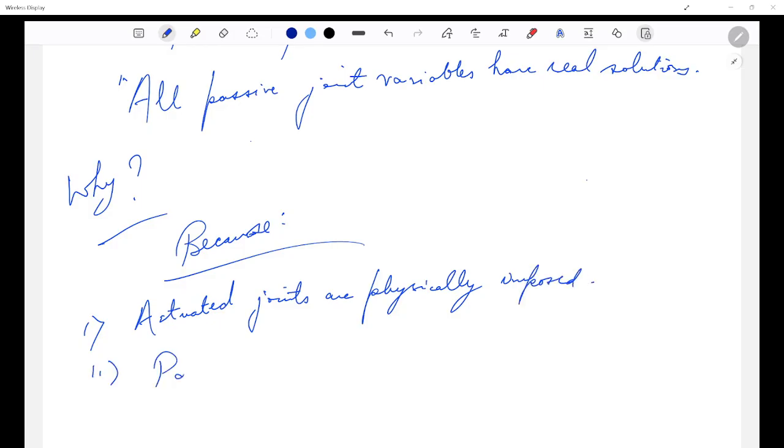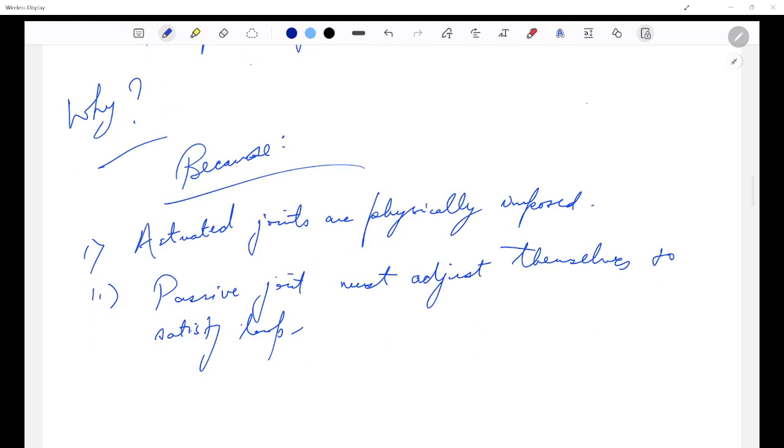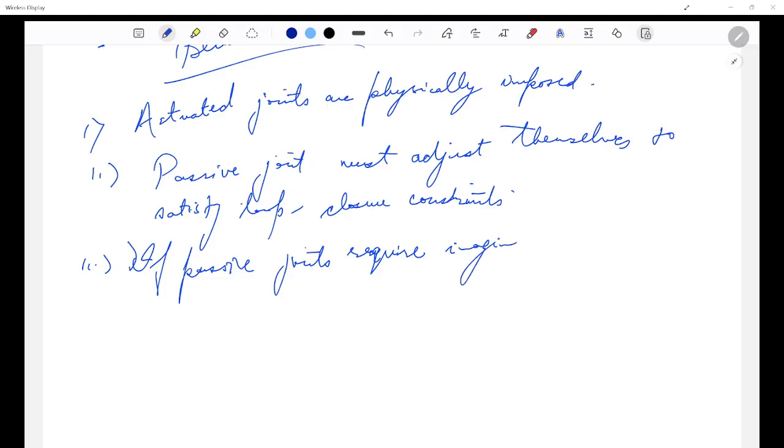Passive joints must adjust themselves to satisfy loop closure constraints, and if passive joints require imaginary values, geometry is impossible.